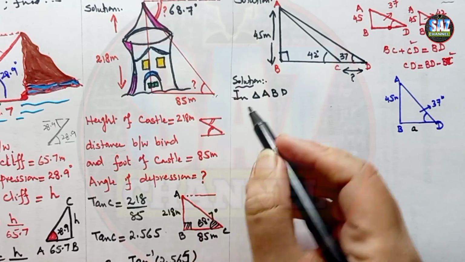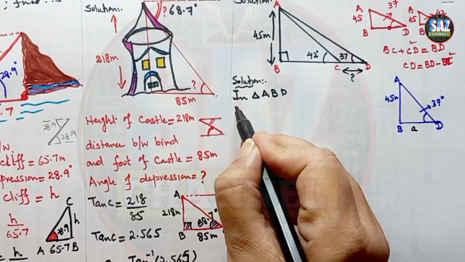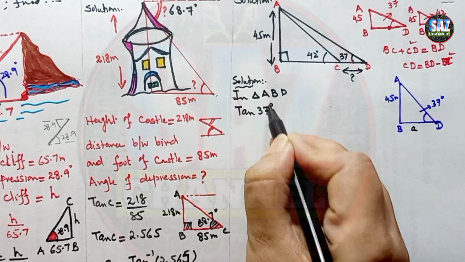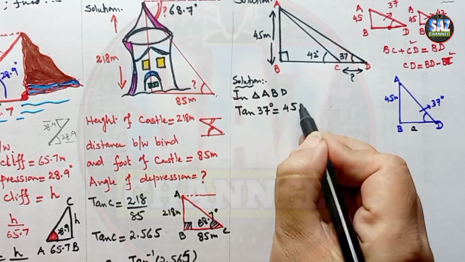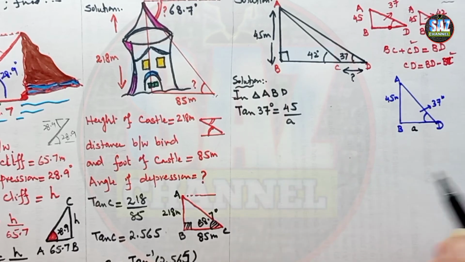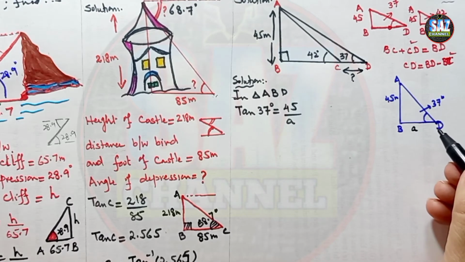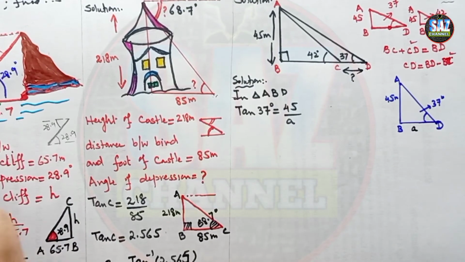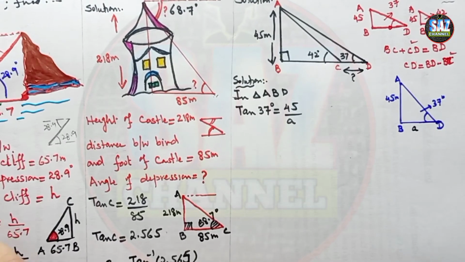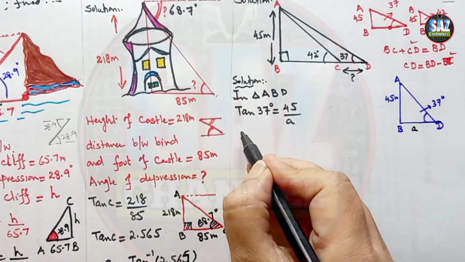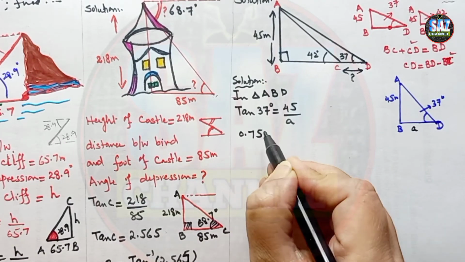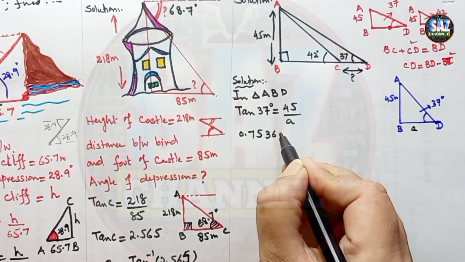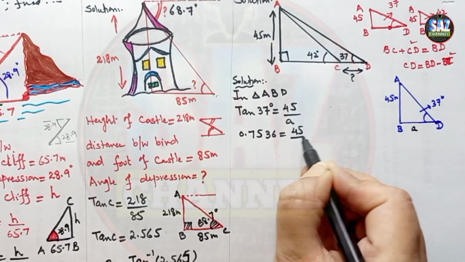This is adjacent. So tangent of 37 degrees equals opposite upon adjacent, which is 45 upon a. Let me check the value of tangent 37 degrees. It is 0.7536, so 0.7536 equals 45 by a.